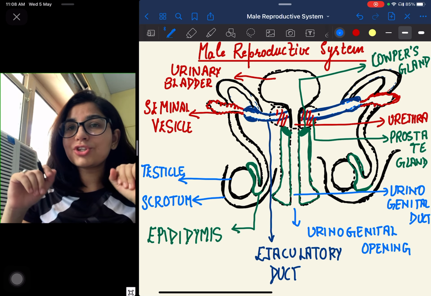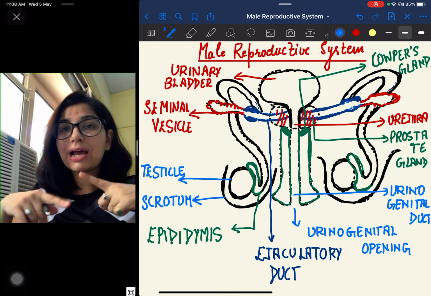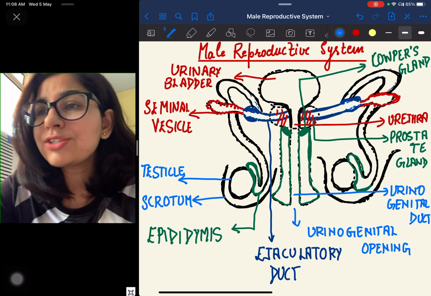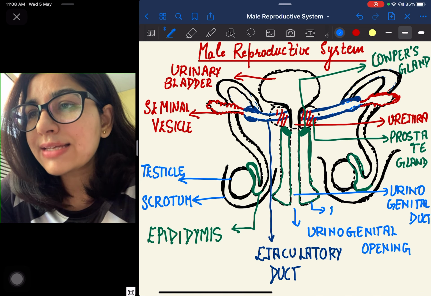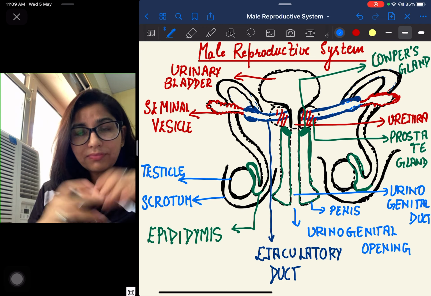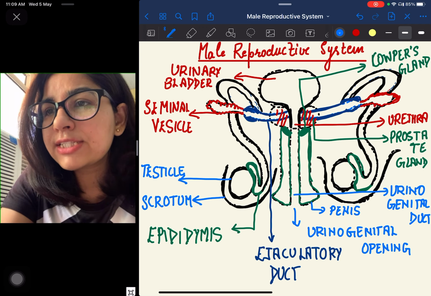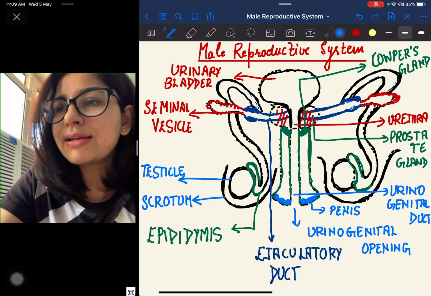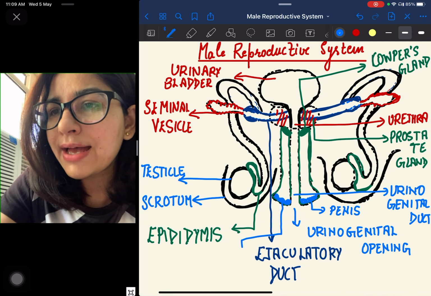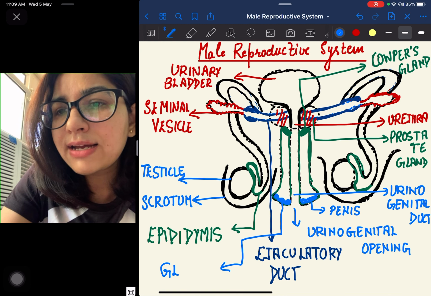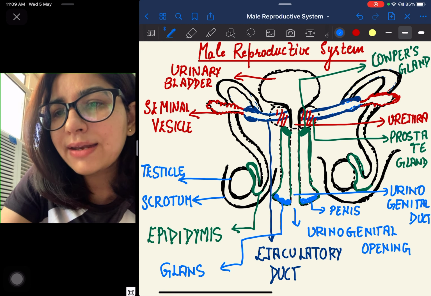Now, one major thing is left, that is for class 12th especially. Class 10th वाले और 8th वाले, they can just simply mark this as the penis. But for class 12th, the tip, the broader head of the penis, it is known as, बच्चों मैं यहाँ पे घुमा के लिख रही हूँ थोड़ा, that is known as glans penis.